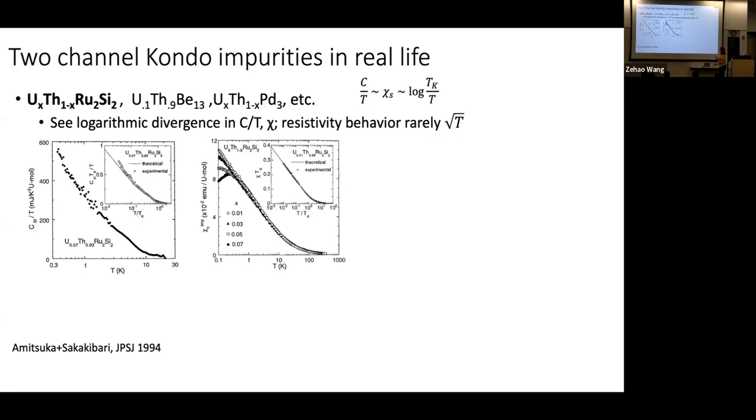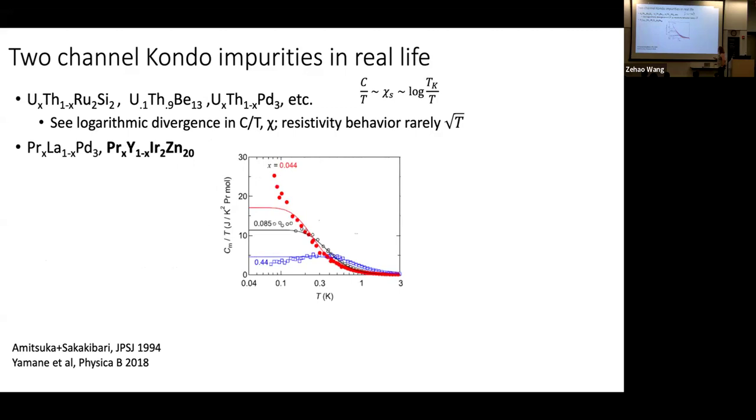And so this is for a dilute version of uranium ruthenium-2 silicon-2, which has logarithmically diverging specific heat coefficient and impurity susceptibility. This is along the c-axis, and this is in tetragonal symmetry, so it's one of those doublets where the c-axis is the spin susceptibility. One thing is you don't see the resistivity behavior being square root of t here. It's actually logarithmic in this region for, I think, most of these cases. Some of them are other power laws or linear in t. But this is sort of an indication.